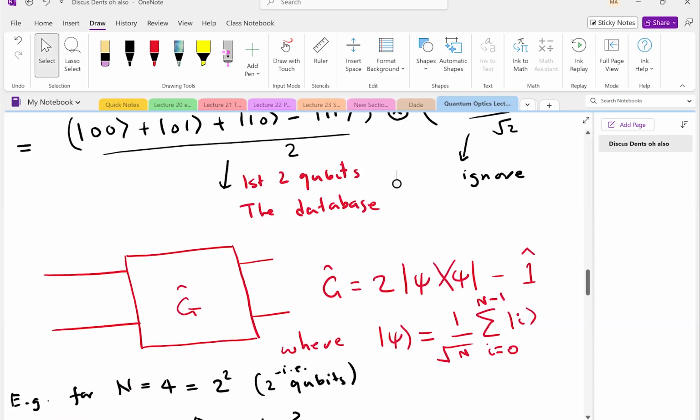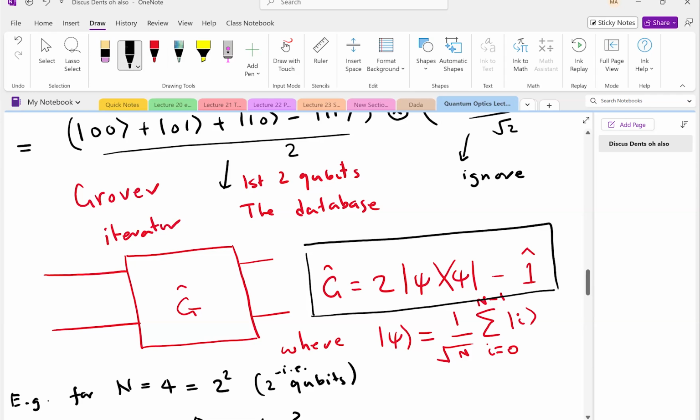I feed these 2 qubits now, which have been prepared in this state, into another quantum circuit. That quantum circuit is sometimes called a Grover iterator. What the Grover iterator does is that it implements this operation.